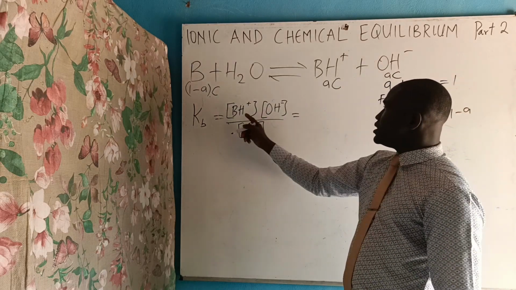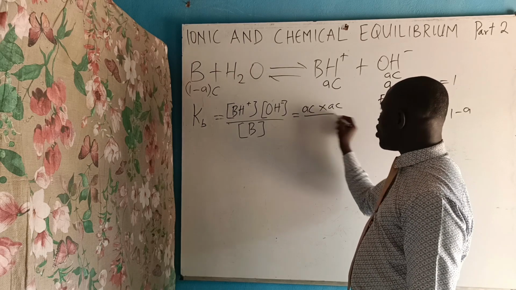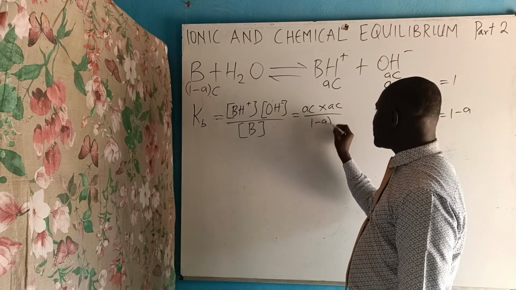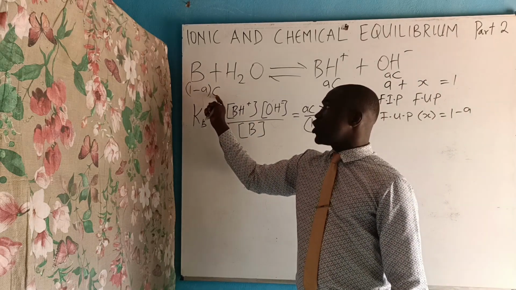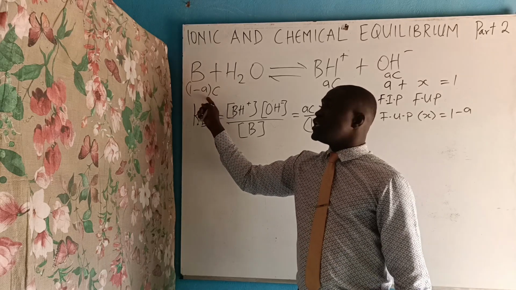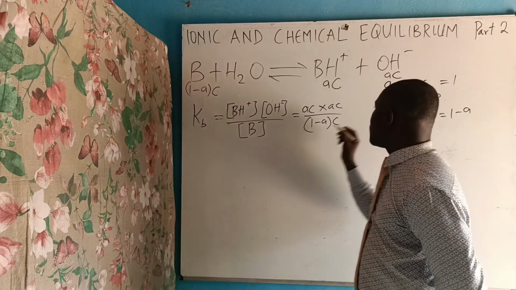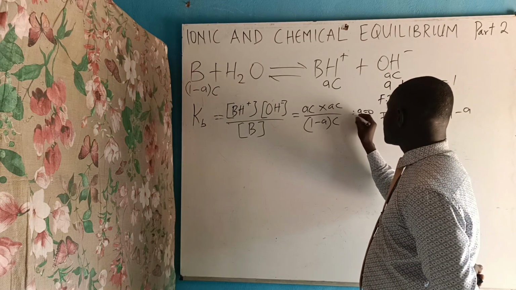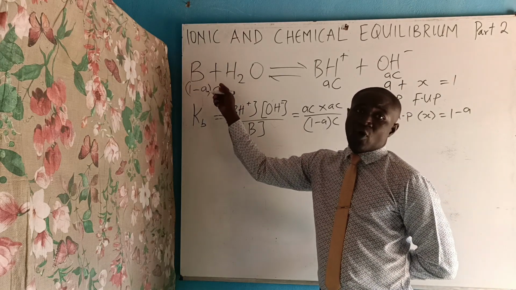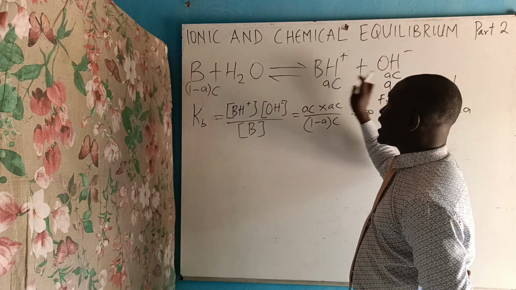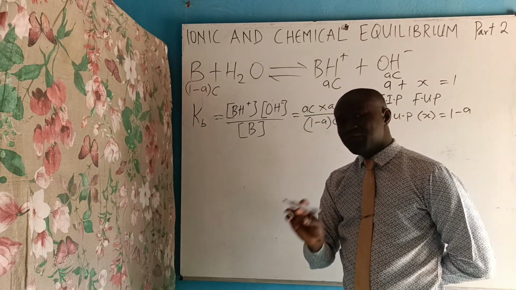Then Kb is AC times AC all over (1 minus A) times C. Remember that this mixture is majorly made up of the unionized part, so the ionized fraction A is very small, infinitesimal, insignificant.